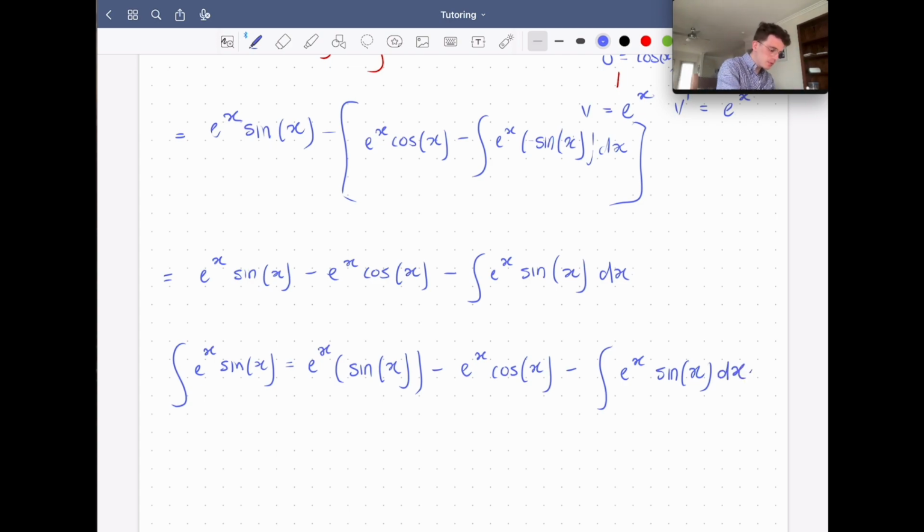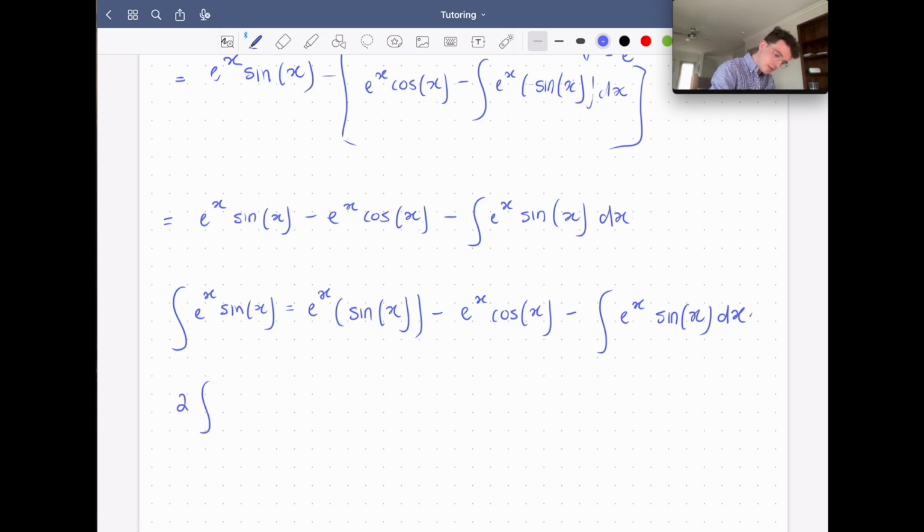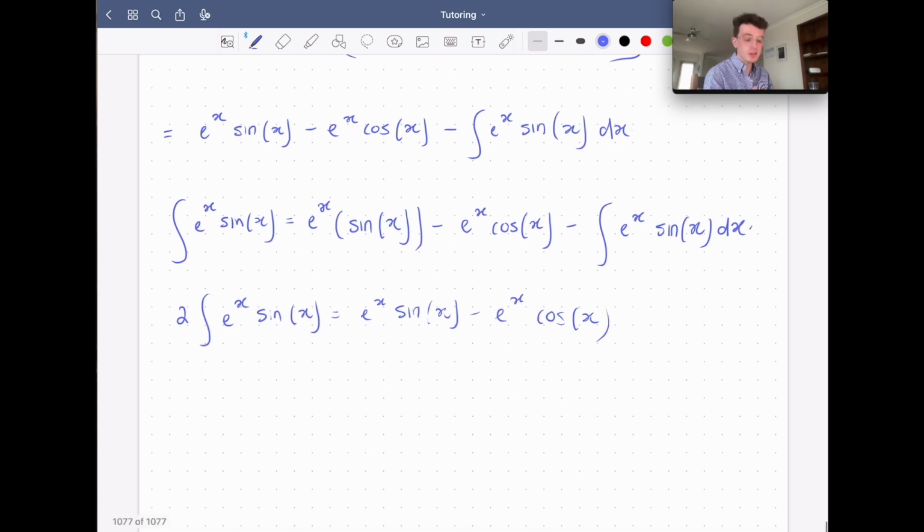So if I plus this over to here, I would get 2 times the integral of e to the x sine of x equals e to the x sine of x minus e to the x cosine of x. And to find my integral, I simply divide by 2.